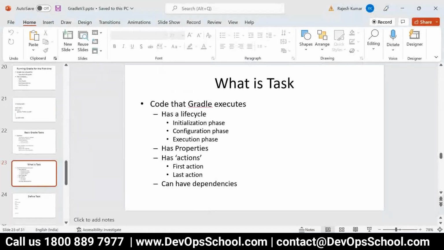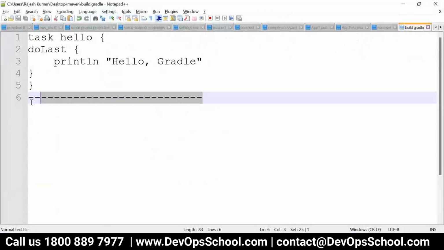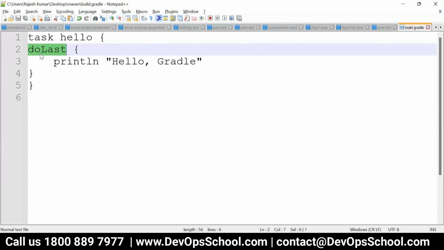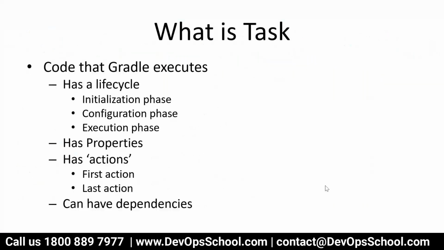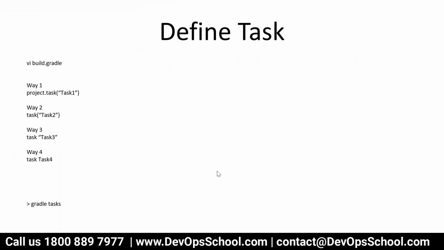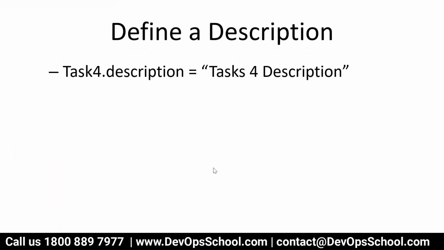Here this is doLast, meaning last action. doFirst is a first action. What is the difference, I'll talk about in some time. It can have dependencies as well. Look at this here. You can have a description also.